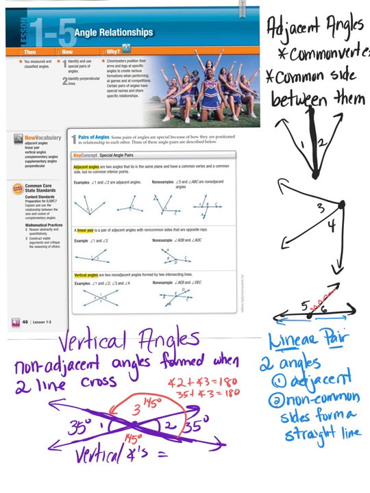Okay, so we have adjacent angles, and we can look at this in the book as well. And please look at this one. This is an example of angles that are not adjacent. But adjacent angles share a vertex. They have a common side separating them. Then if you have a pair of adjacent angles and their non-common sides form a straight line, that's called a linear pair, and they're going to always add up to 180 degrees because they make a straight line.